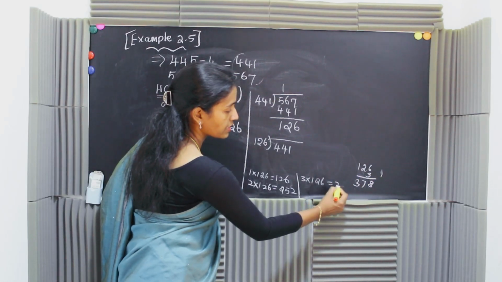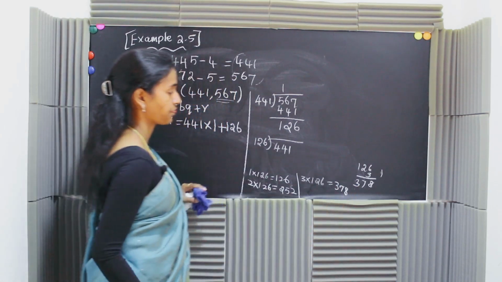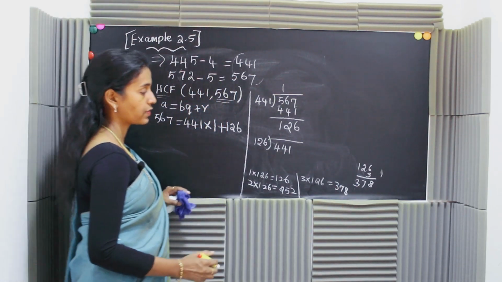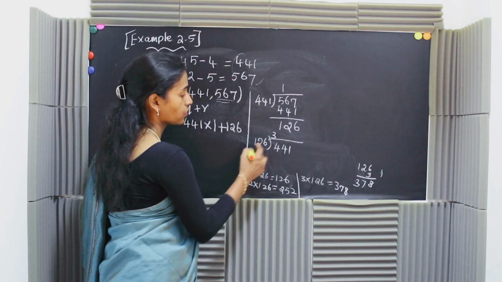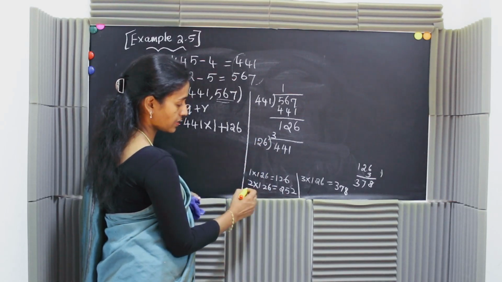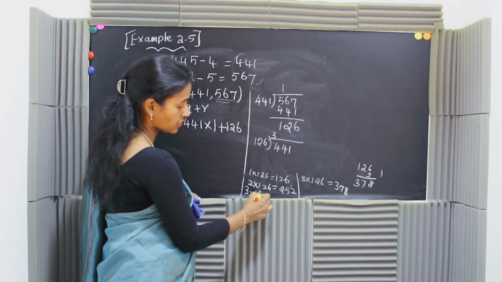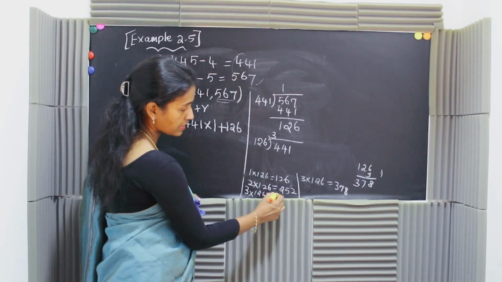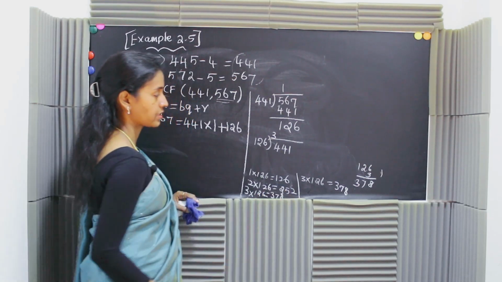We are getting 378. Okay. Now we can write 3 into 126 becomes 378, right?